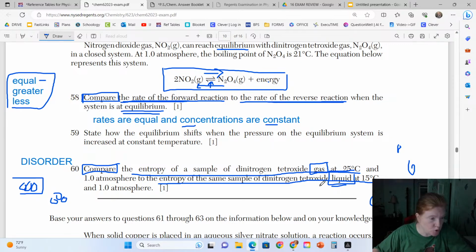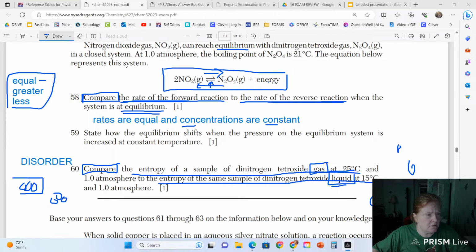The gas has more entropy. Okay. So you had to say which one has more. So you couldn't just say more because that's not specific enough. You would have to say the gas has more. Actually, that would be enough because we're comparing entropy for both. Yep. You could write that. Absolutely. That is perfect. You could write the gas at 25 is more than the liquid. Perfect. You could even just write the gas has more, and that would be enough.